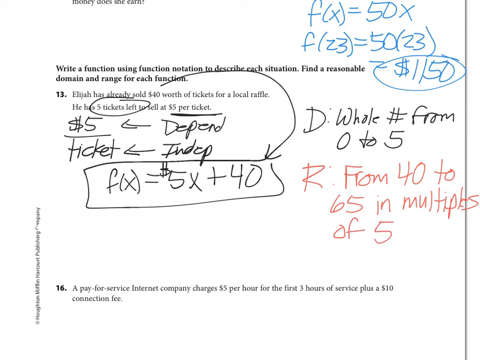Because that is our slope up here, or our rate, $5 per ticket. So no matter what, we already have $40. We can make it as high as 65, but that would only happen if we sell all 5 tickets, so that would be our range. A lot involved here, but it's good stuff. Good things that you need to definitely understand, especially moving forward.